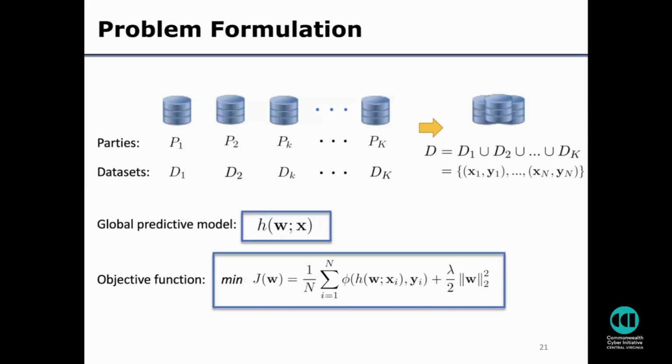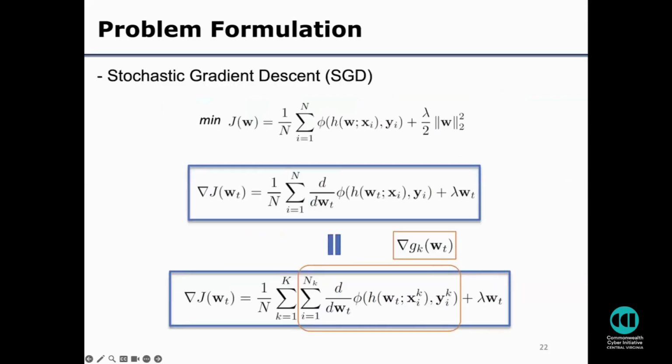To solve this minimization problem, we use the SGD algorithm, which is one of the most popular optimization algorithms. This learning process iteratively updates the predictive model.